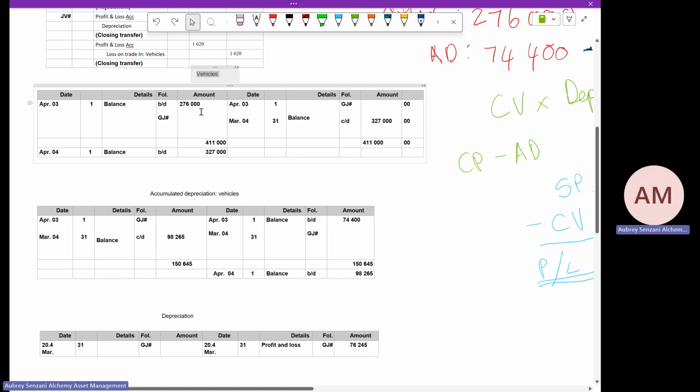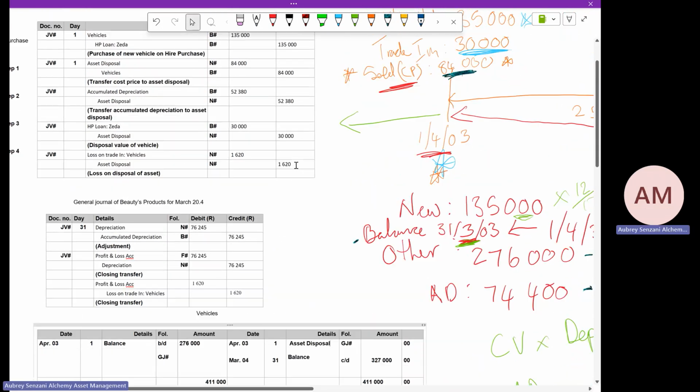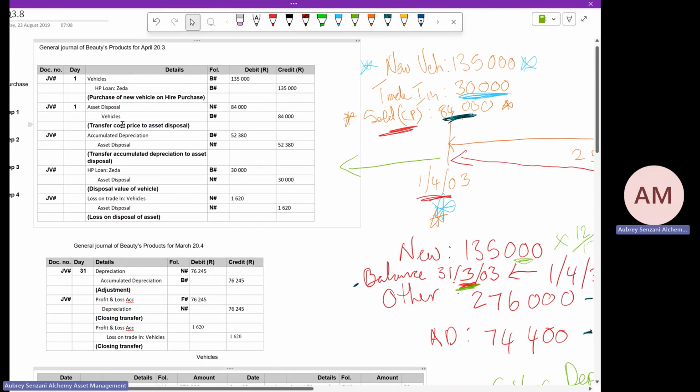But then we had a vehicle that we disposed of. So this was then going to be asset disposal. I'm basically just now doing what we did in effect over here. Can you see? Vehicles was credited.